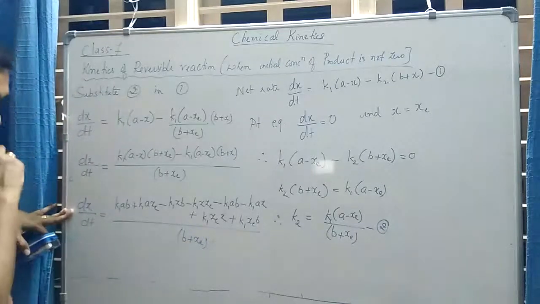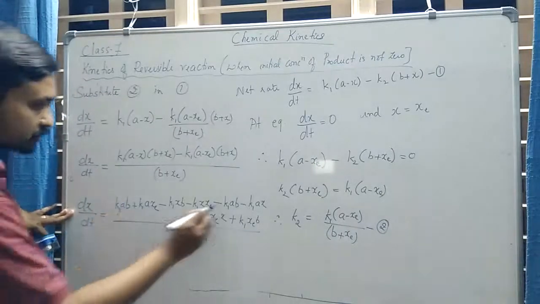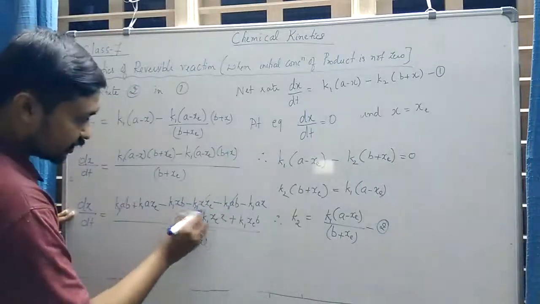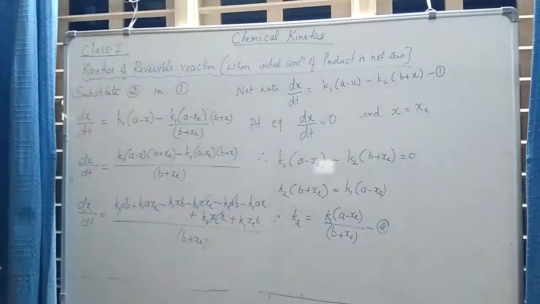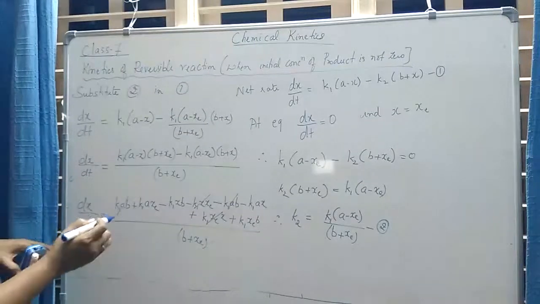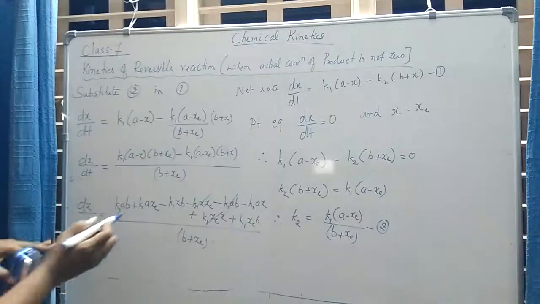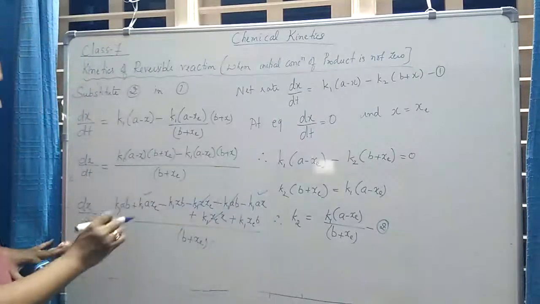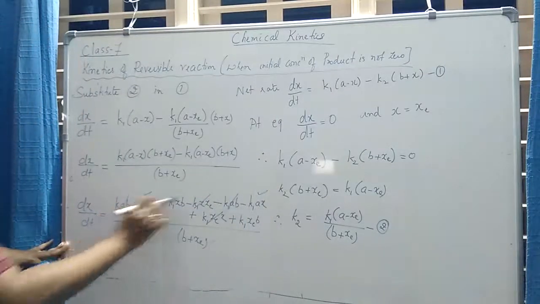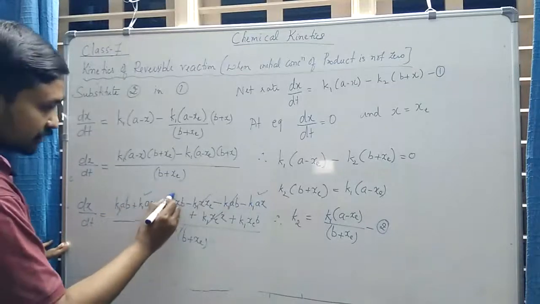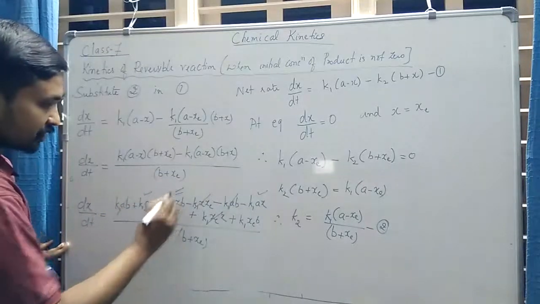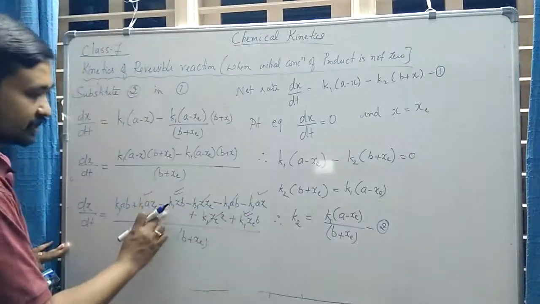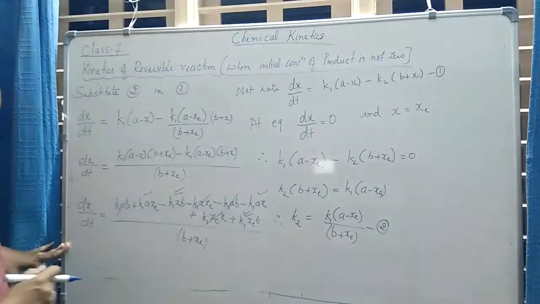Okay, so let us cancel out certain terms. These two terms when added become 0. Similarly, these two terms on adding become 0. Now if we look at this term and this term, k1 into a is common for these two terms. Similarly, if I compare this and this, k1 into b is common.